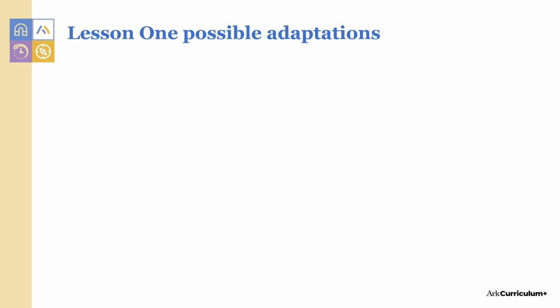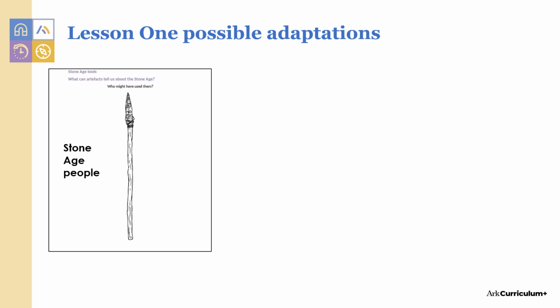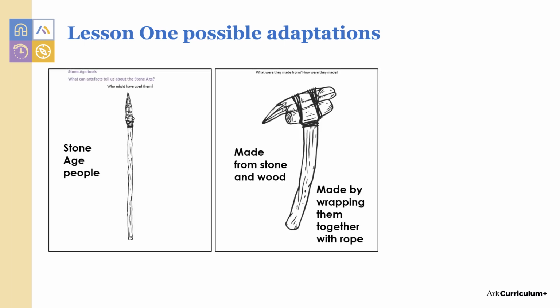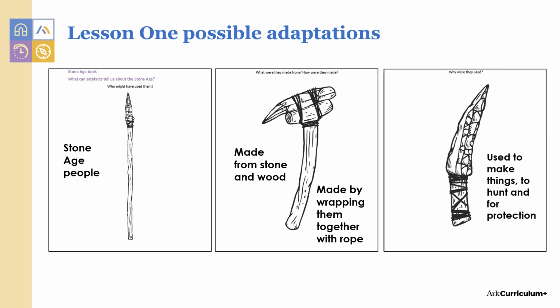For example, you could add the labels to the page with the corresponding question for pupils to read and sort into the correct answer boxes. This provides pupils with the information they need to be successful, but challenges them to sort through it for themselves.